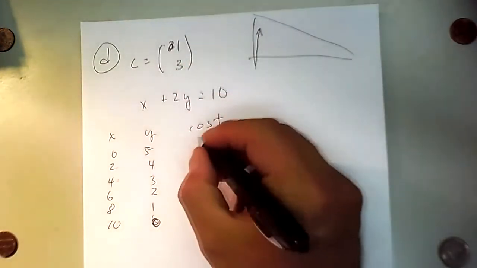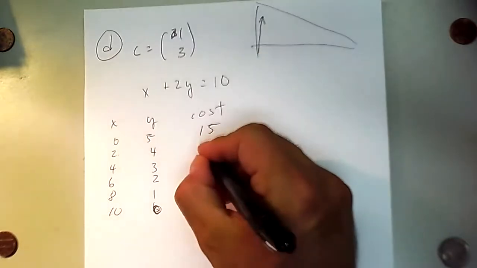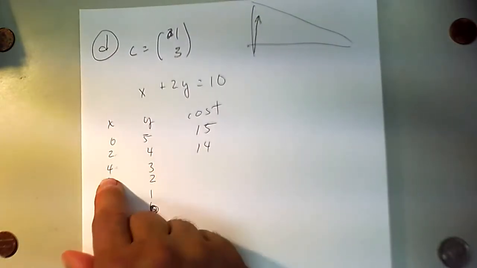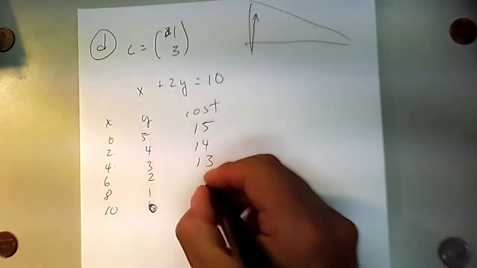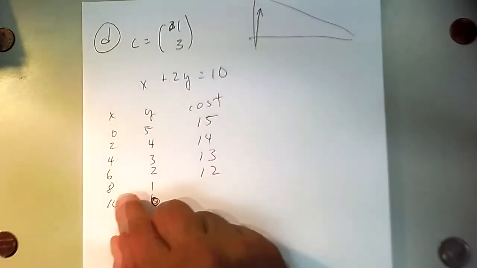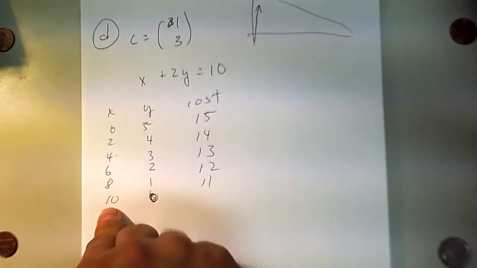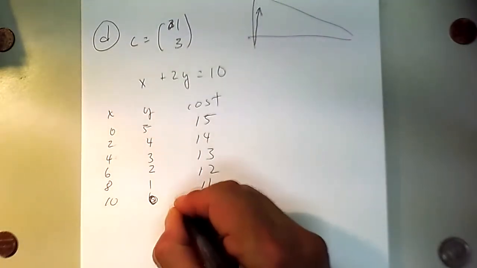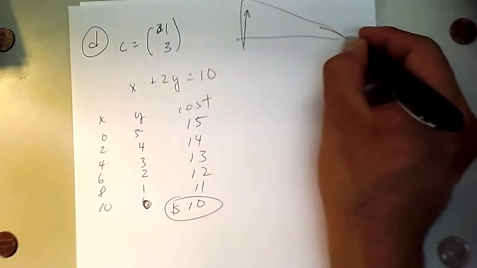So here we have to pay $15. 12 and 2, 14. 9 and 4, 13. 6 and 6, 12. 3 and 8, 11. We pay nothing because there's no y, and we pay $10 here. So that is our cheapest cost, our least cost, and that will happen here.